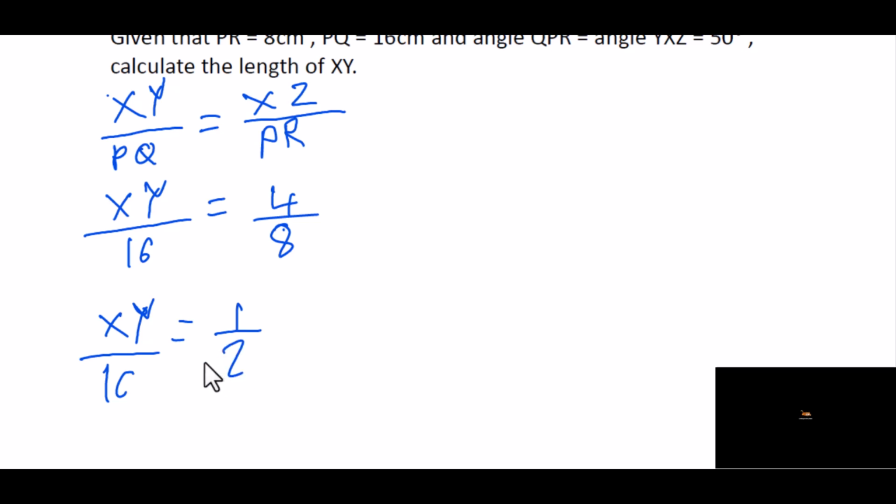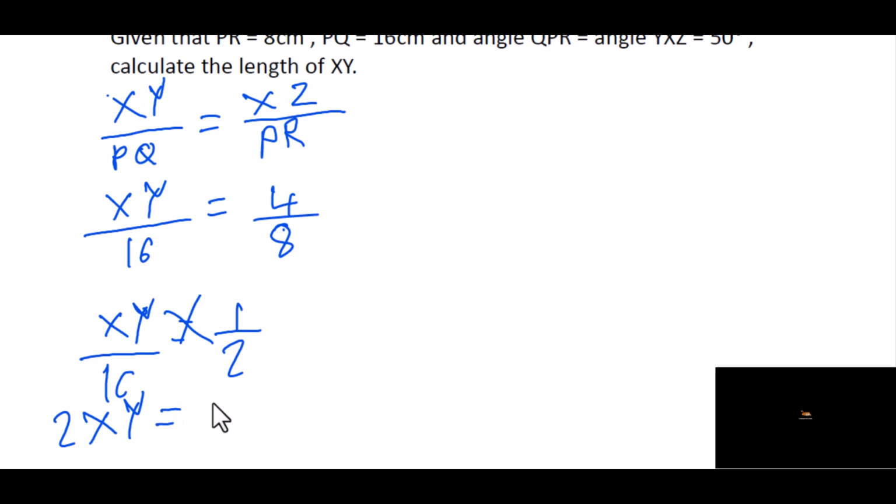So when we cross multiply, we're going to have 2 multiplied by XY, which is just 2XY, which is equal to 16.